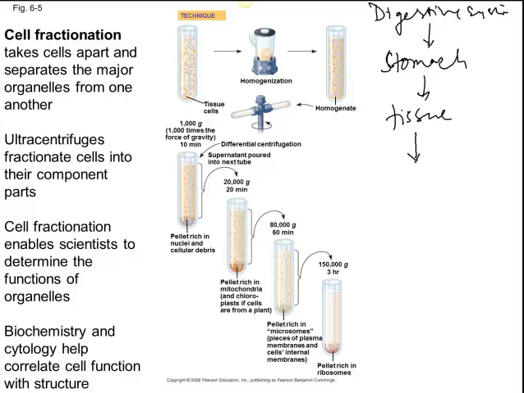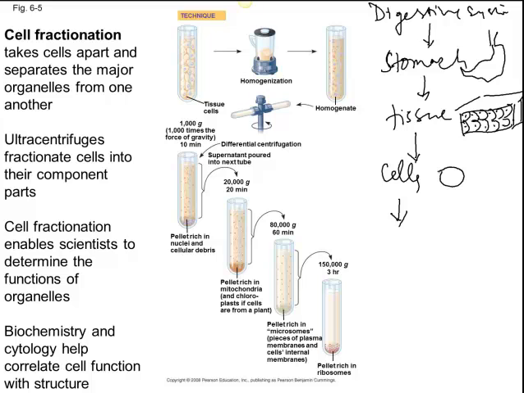Now from that you took out or separated out cells. Now what is inside the cell is what you want to look at. This is the entire digestive system, this is your stomach, and this is just a tissue or a section which has lots of cells that you have taken out. Okay. Now you separate out just the individual cell, and you would like to know what is inside it.